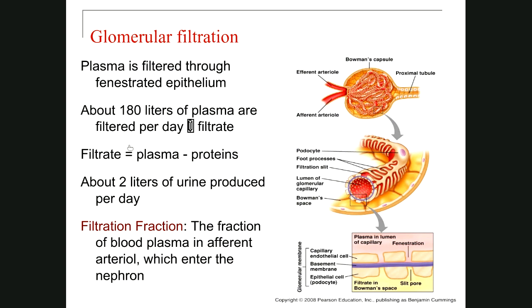More than 99% of this glomerular filtrate should return back to our bloodstream by tubular reabsorption. And at the end, we only have 2 liters of urine produced during the day. And the filtration fraction is the fraction of blood plasma in the afferent arteriole which enters the nephron. We call it filtration fraction.